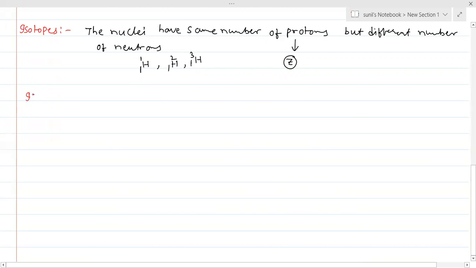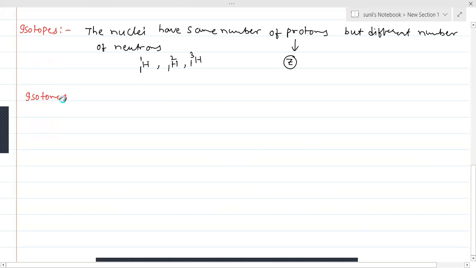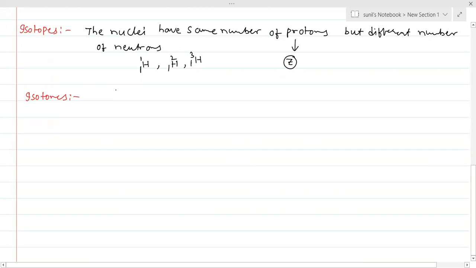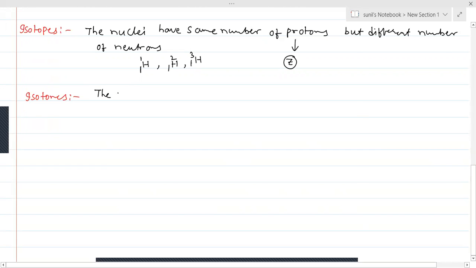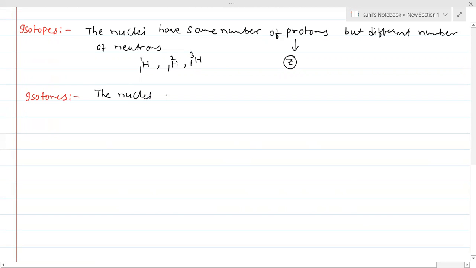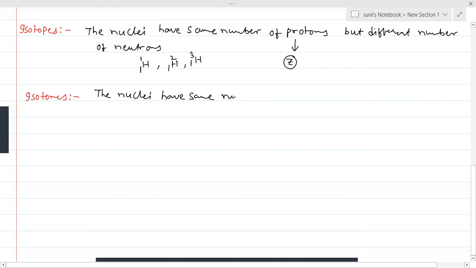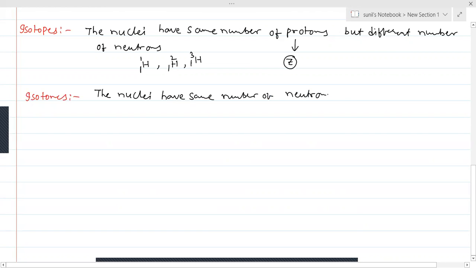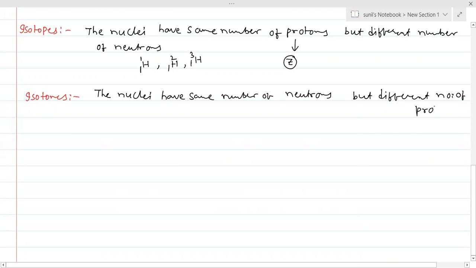Next we take isotones. Isotones means nuclei that have the same number of neutrons but a different number of protons. Different number of protons definitely means a different atomic number.